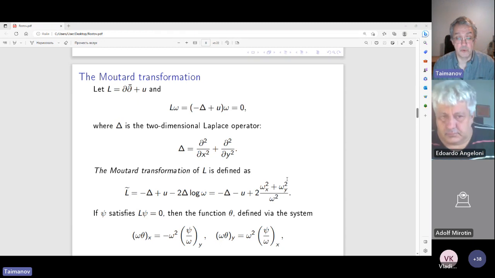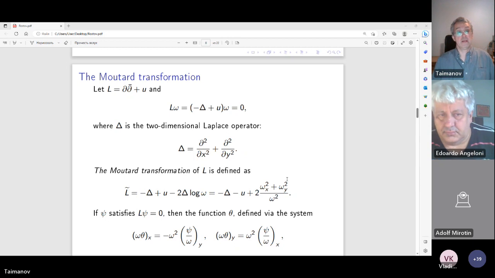It works with the zero energy level of the operator L. So if psi satisfies L psi equals 0, then the function theta, which is defined through these systems, not uniquely, up to additional terms which are multiples of 1 over omega. That's clear from the right-hand side. Then the new function theta satisfies the equation L tilde theta equals 0.